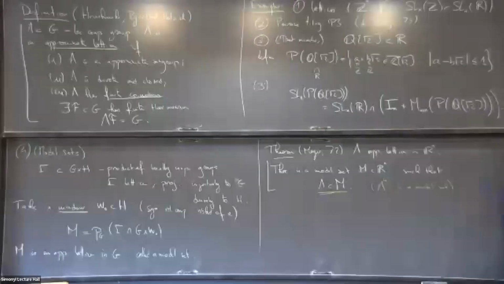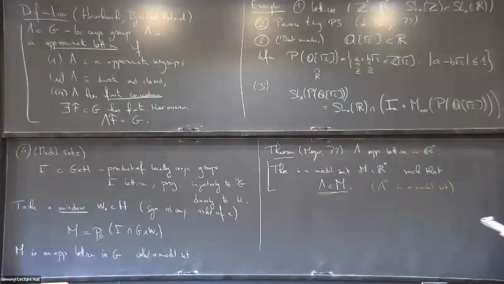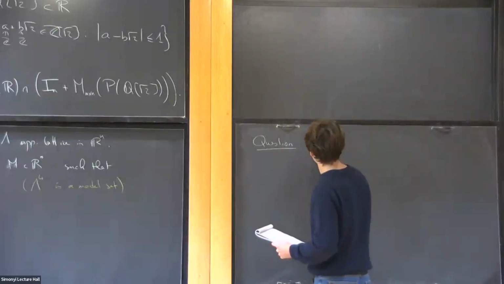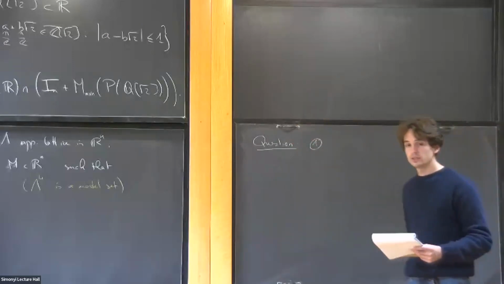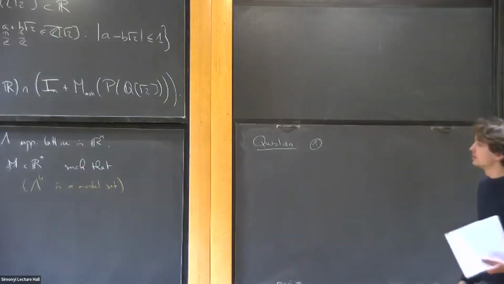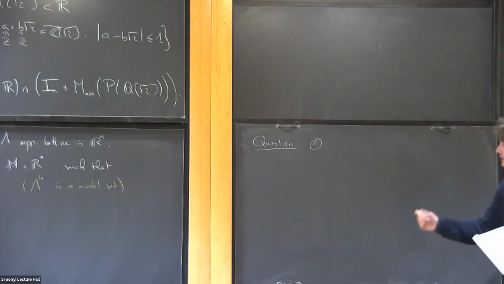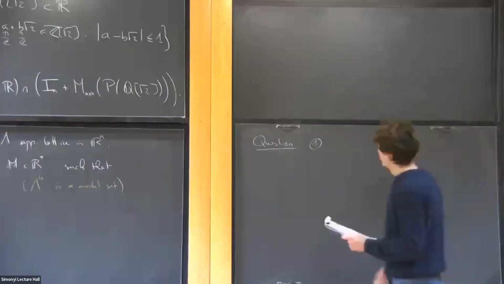And so there are a few questions that arise from this observation. They arise quite naturally, and let me list them. The first question, really, when you see Meyer's theorem, and when you see that the definition of approximate lattices is more general than just subsets of R^n, is the following.